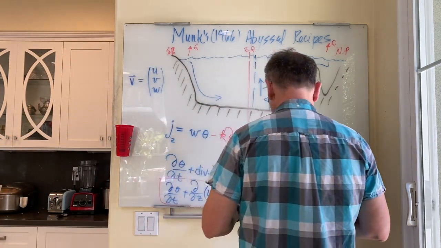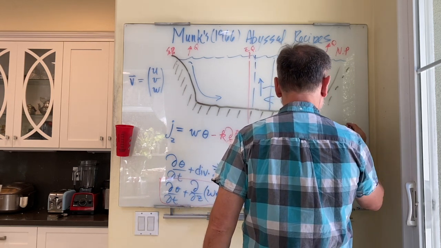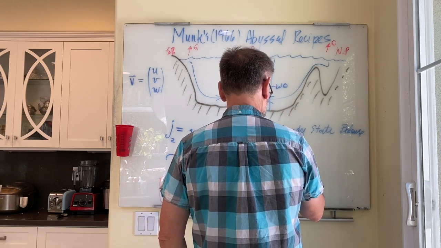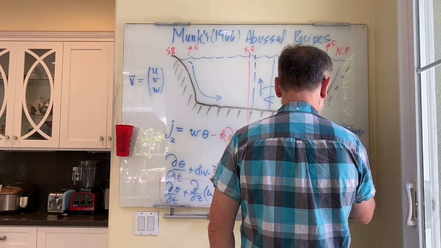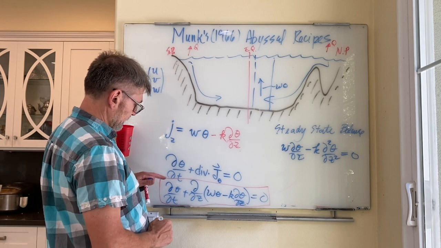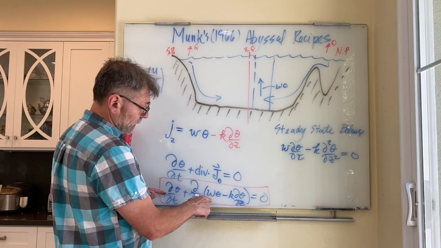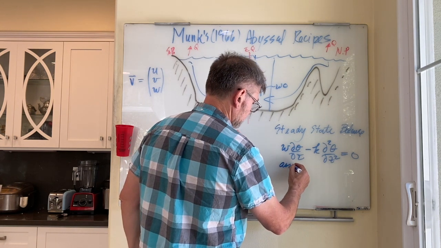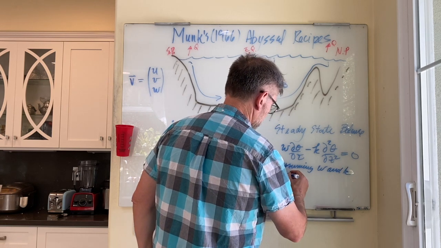So if we assume a steady state balance, then the equation boils down to w d theta dz minus k d2 theta dz squared equals 0. What I've assumed is that in steady state d theta dt is 0, which is a constant. w is a constant, so I could pull it out of the derivative, and k is a constant. So assuming w and k are constant.